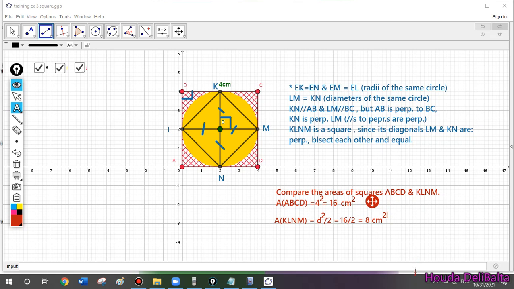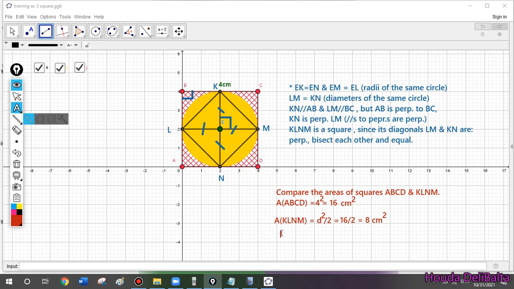And thus, we notice that the area of ABCD is twice or double the area of KLNM, or we say that the area of KLNM is half that of ABCD.